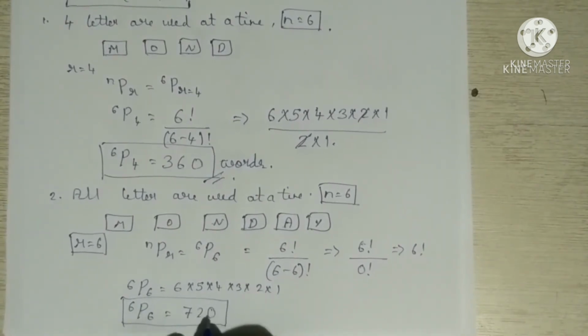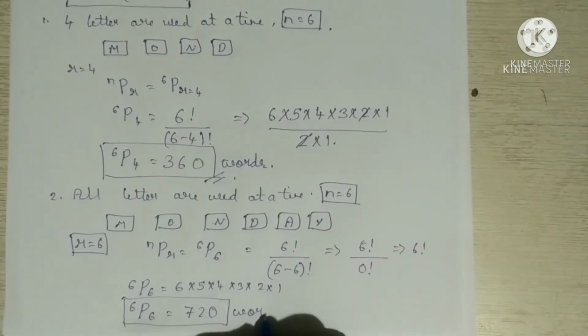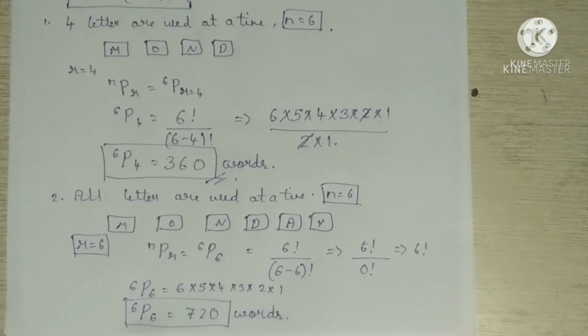All letters used at a time means 720 words can be made or formed with or without meaning, where no letters are repeated.